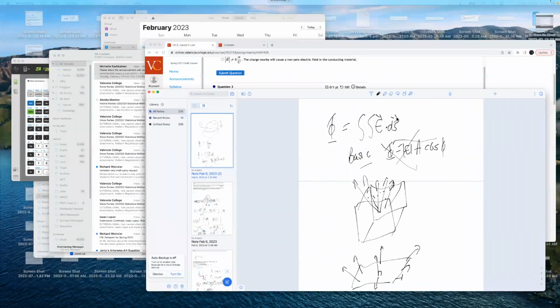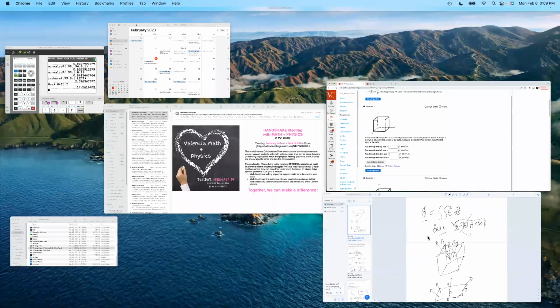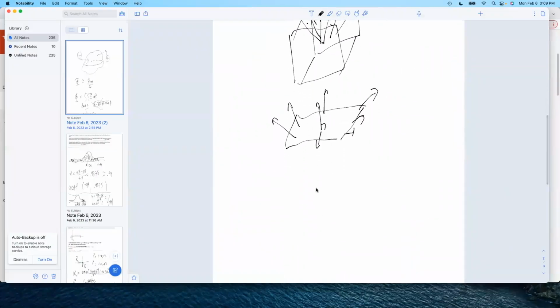No, what we're going to do on this problem is think about, well, if I've got a charge at the center of the cube, I know what the total flux is. The total flux through the entire cube is just the charge enclosed over epsilon naught. So that's the total flux through all 6 sides.